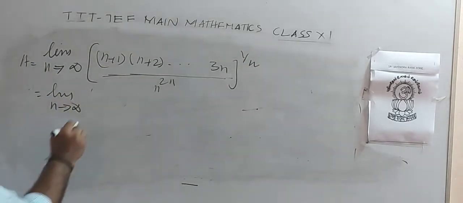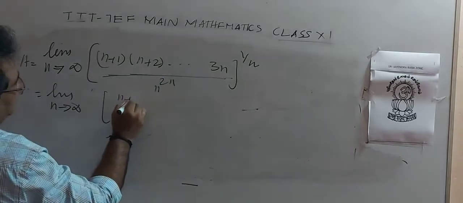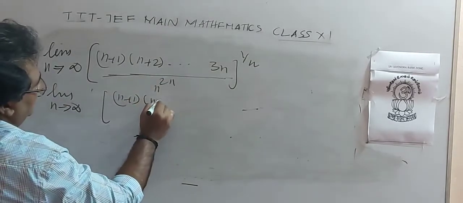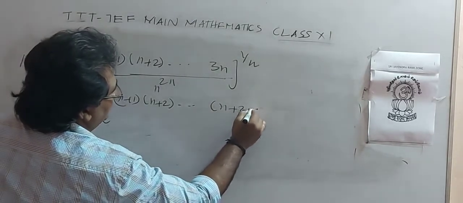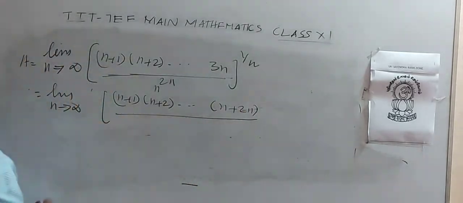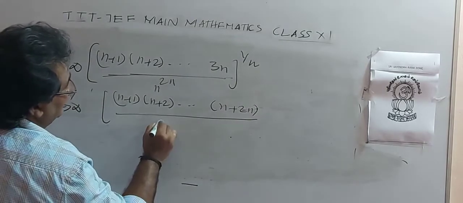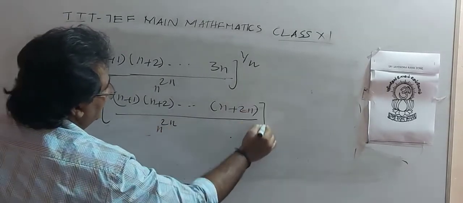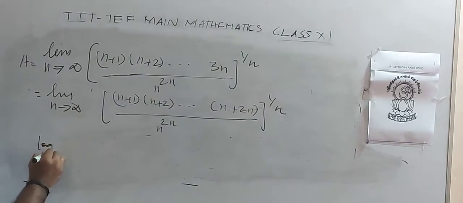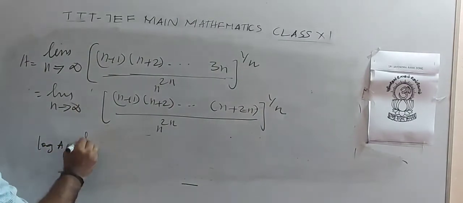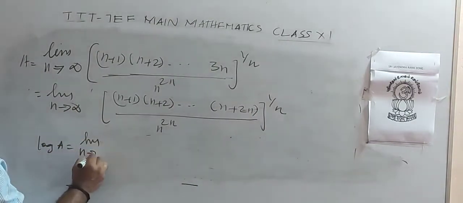Limit n tends to infinity, n plus 1, n plus 2, up to n plus 2n, divided by n power 2n, whole power 1 by n. Applying log on both sides, log a equal to limit n tends to infinity.